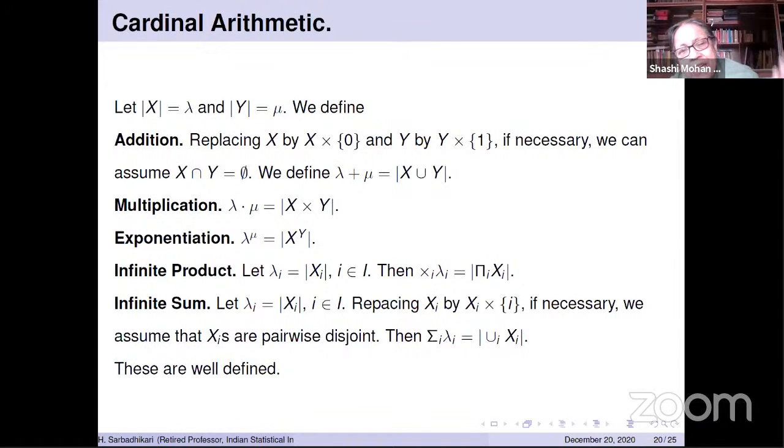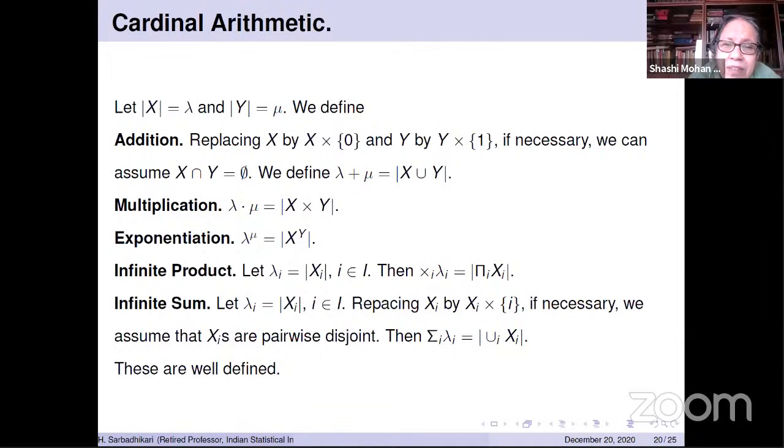And by these being well defined, what I mean is, see this, I said the cardinality of X is lambda. I'll get a lot of sets X with that property. So what set X I use here will not matter.